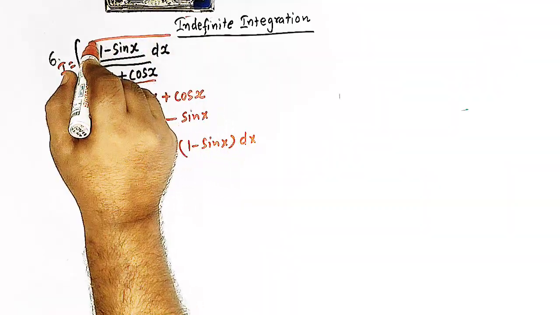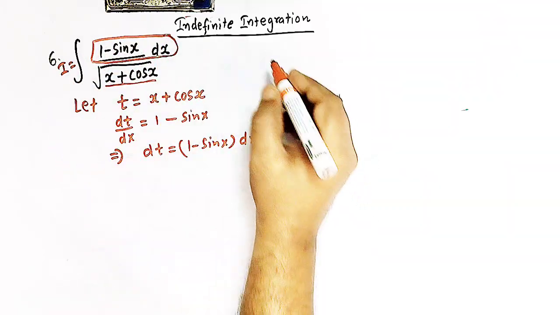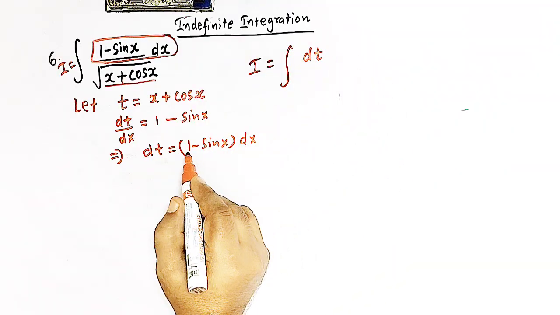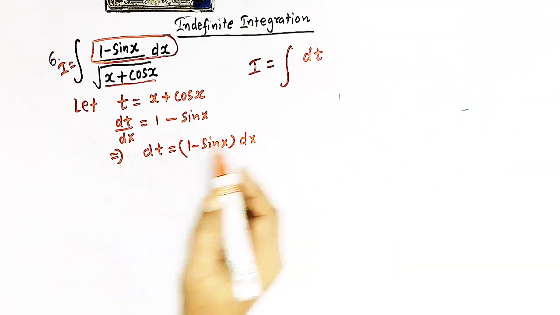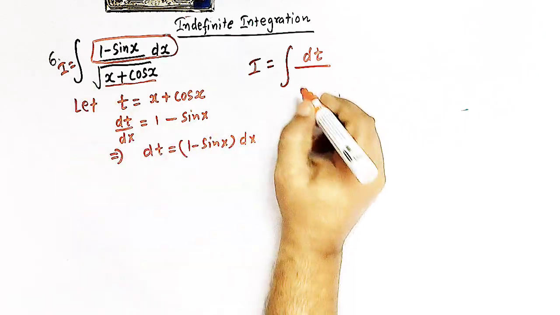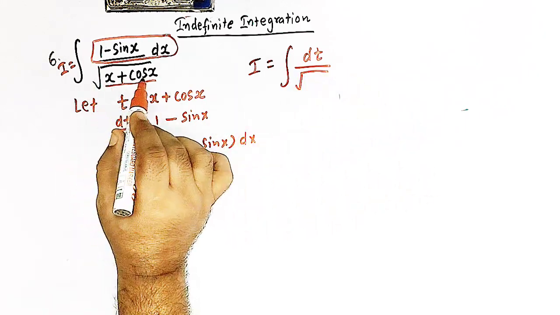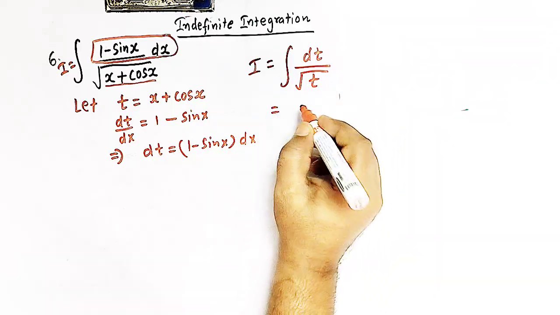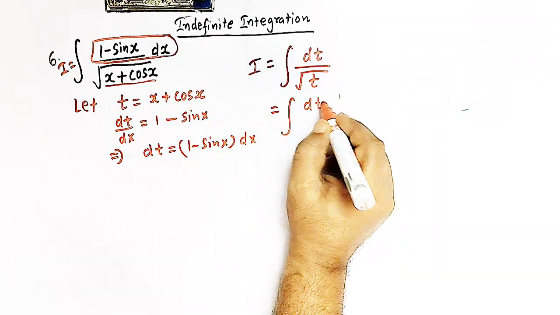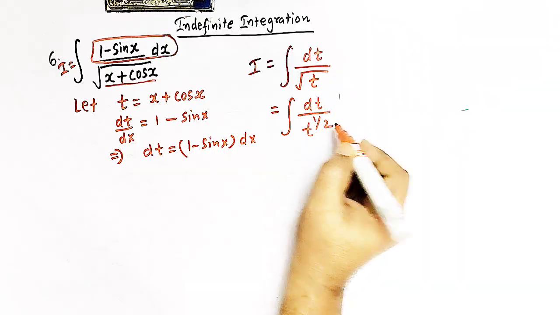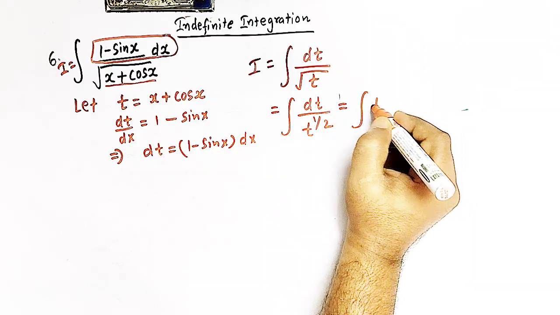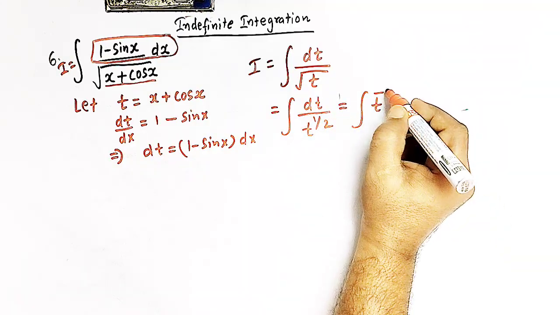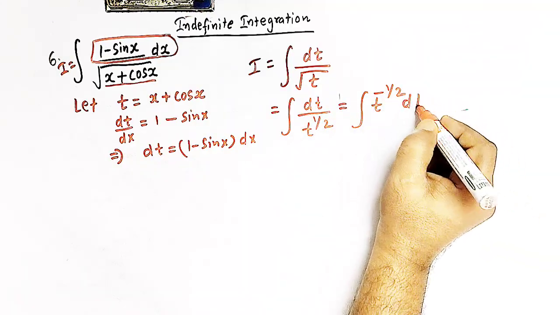So now for this term, we can now write here simply dt, because 1 minus sine x dx is equal to dt, and here we have square root of x plus cos x. X plus cos x is equal to t. So now we have dt over t raised to half. So we can take t raised to half in the numerator. So we have here t raised to negative half and dt.